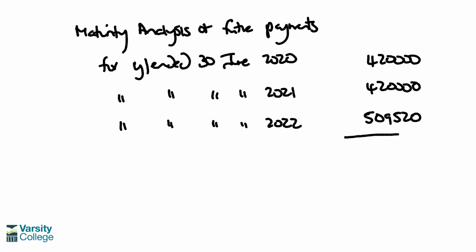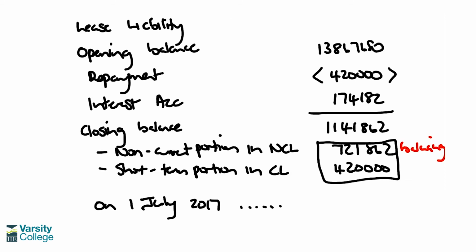You add all of those up, which comes to 1,349,520. And this part of the maturity analysis has to balance back to the previous part, the 1,141,862. Has to balance back to it.